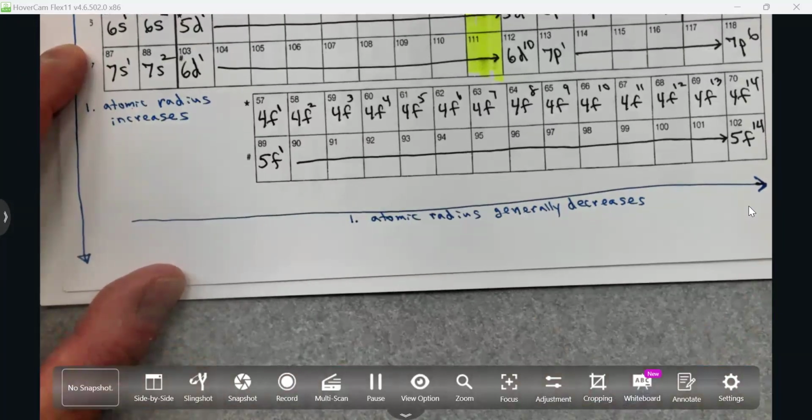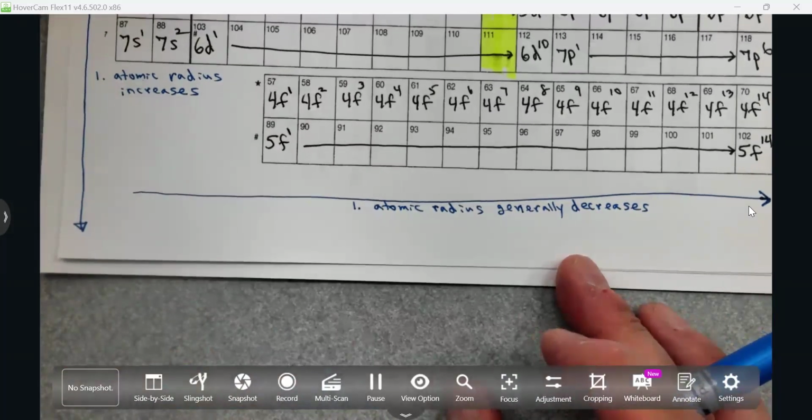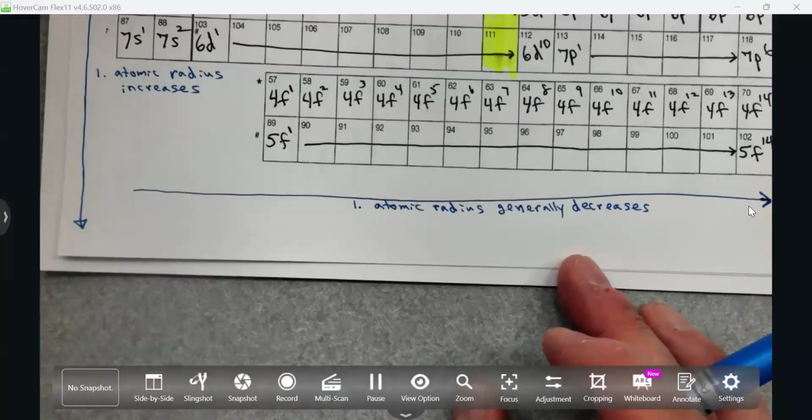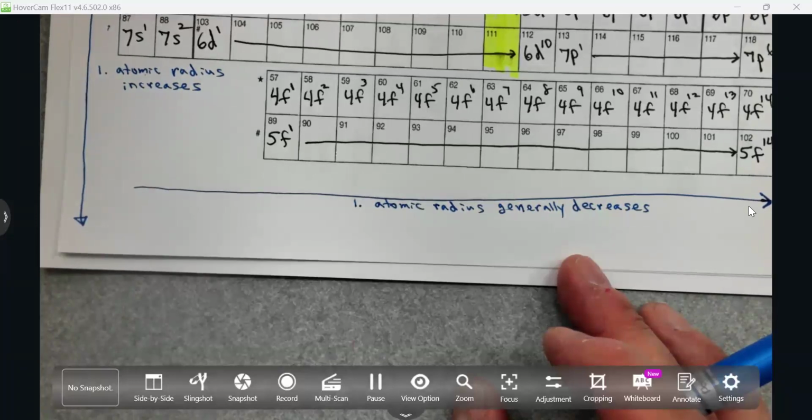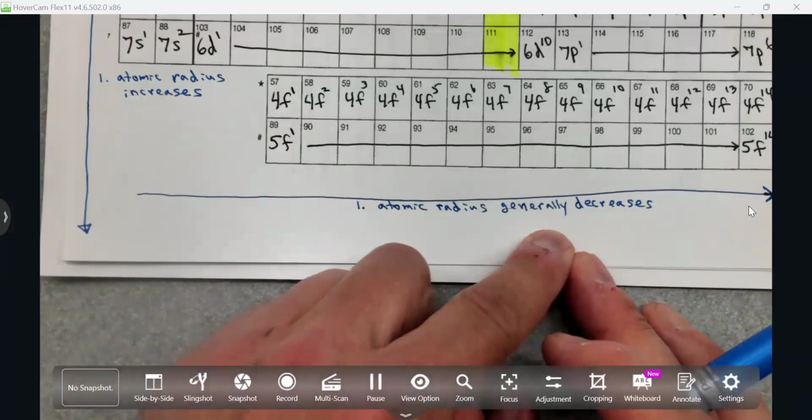So just atomic radius makes sense. Now let's go with the next. So I got to back up. So we good with atomic radius increasing down, generally decreases as you go across.